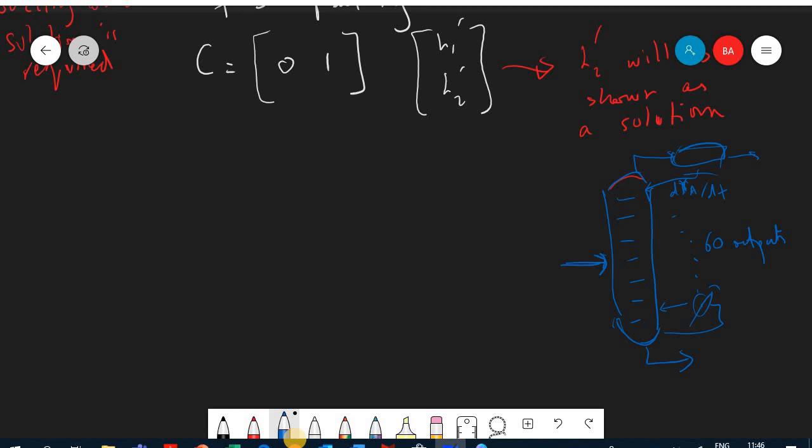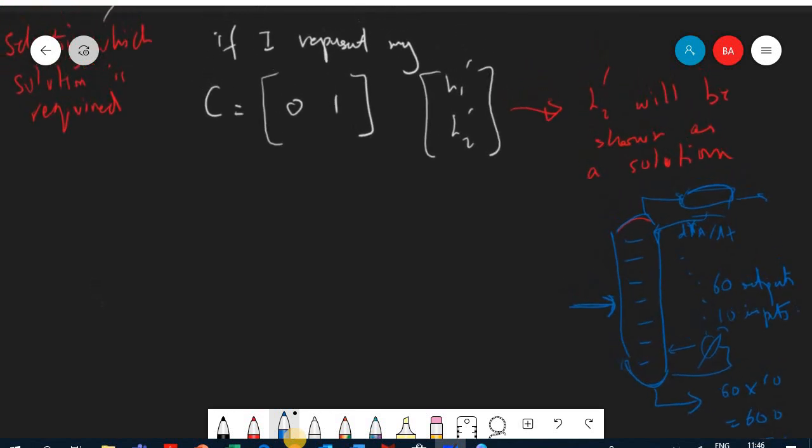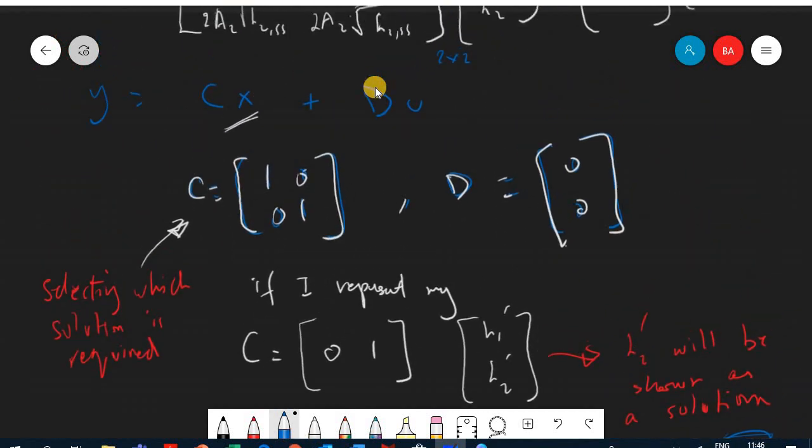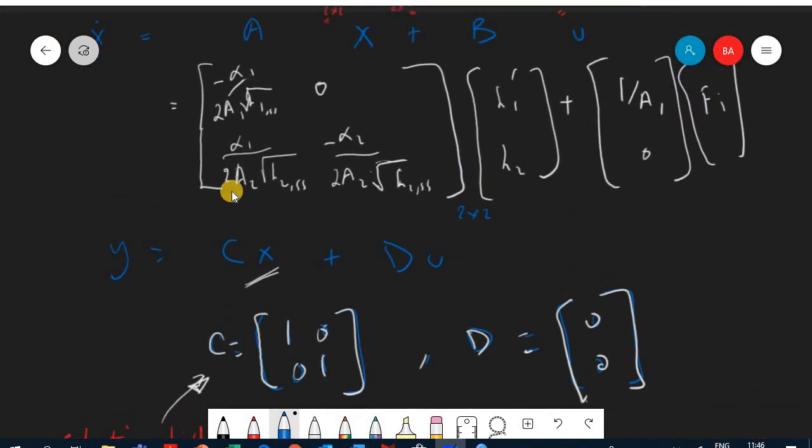If I have 10 inputs and 60 outputs, how many transfer functions will I have? I will have 600 transfer functions. Who can deal with 600 transfer functions? It is just crazy. However, all that could appear in just one big matrix. Even if it was 100 by 100, it is still one matrix, and it can be solved directly.